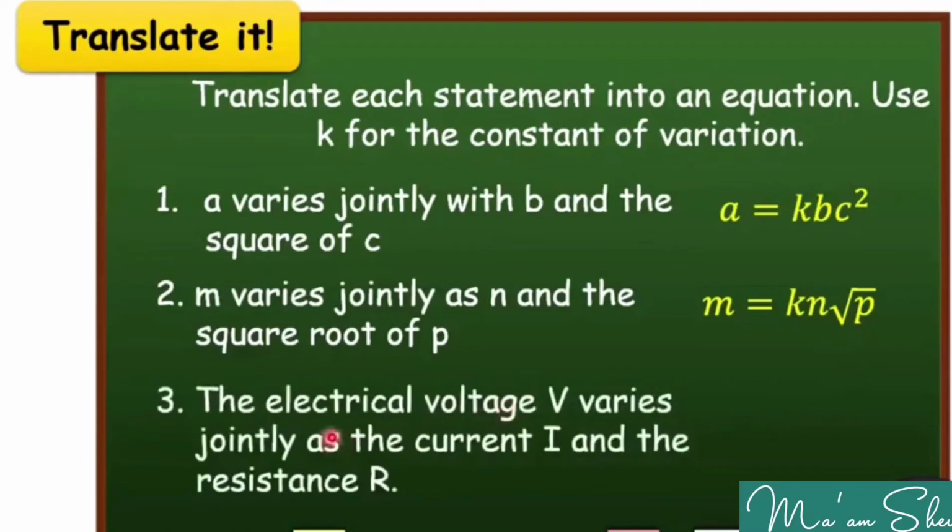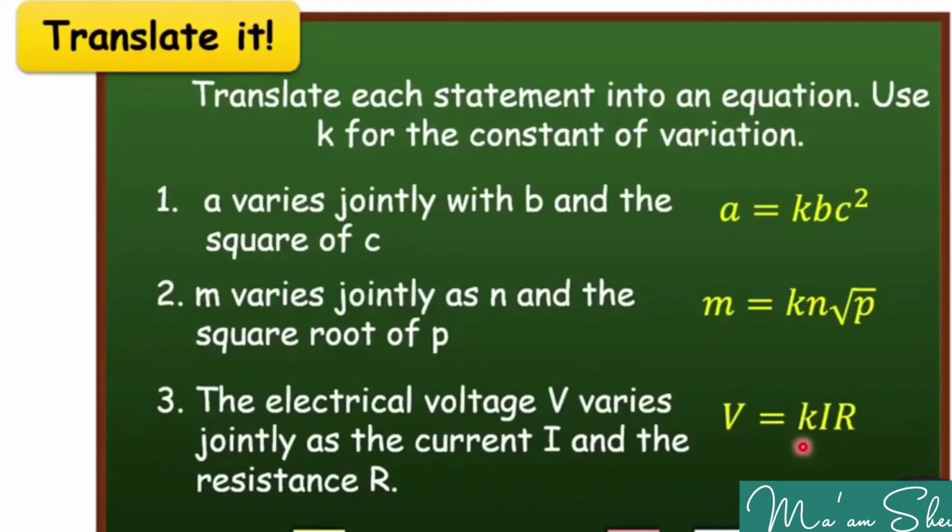So, there you go. Next, the electrical voltage V varies jointly as the current I and the resistance R. So, alin dito yung i-isolate natin? Okay, so the first variable, and that is V. So, varies jointly equals, multiply natin sa constant yung dalawang variable. Alin yon?